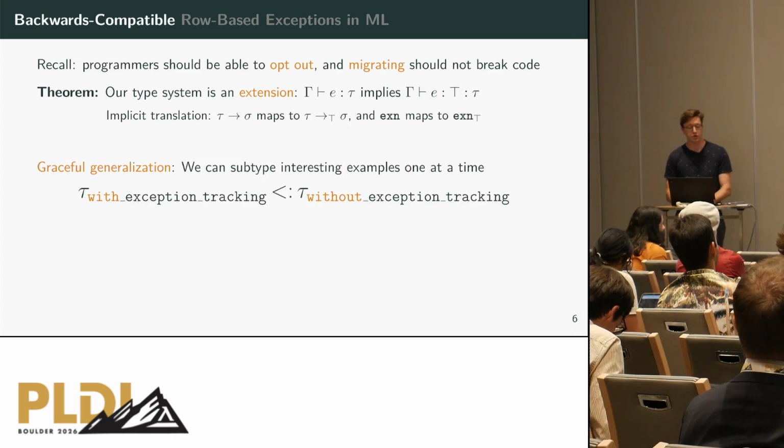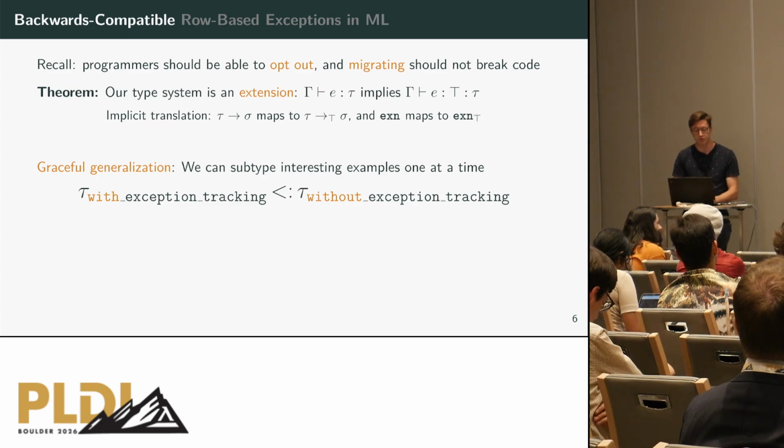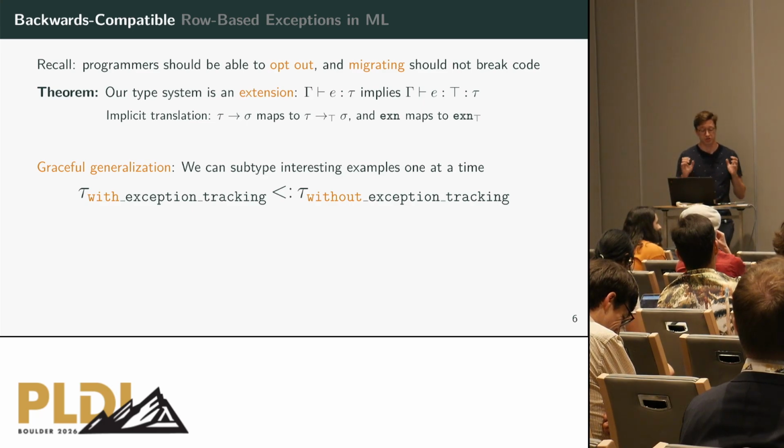And second of all, our type system is designed such that we have the following property, which we call graceful generalization, which says that we can subtype interesting examples one at a time. So we start with a type which does not have any exception tracking, and then we show that via subtyping we can derive a type which does have exception tracking.